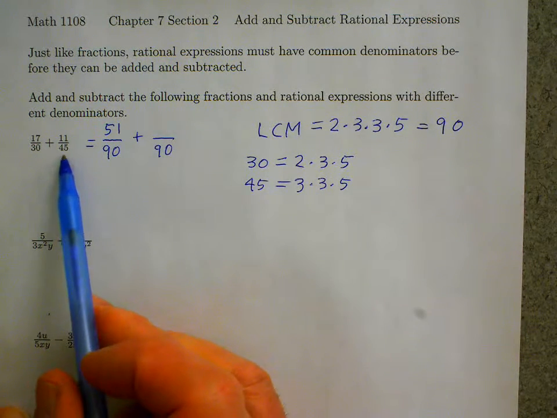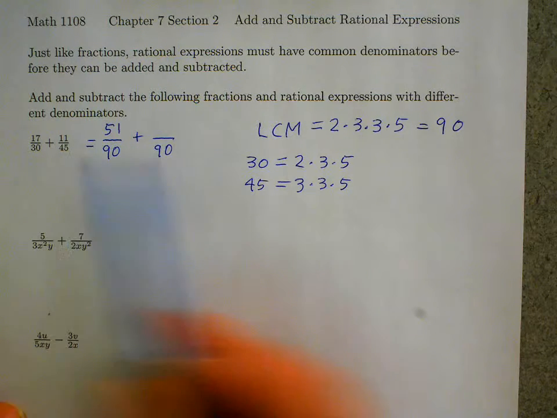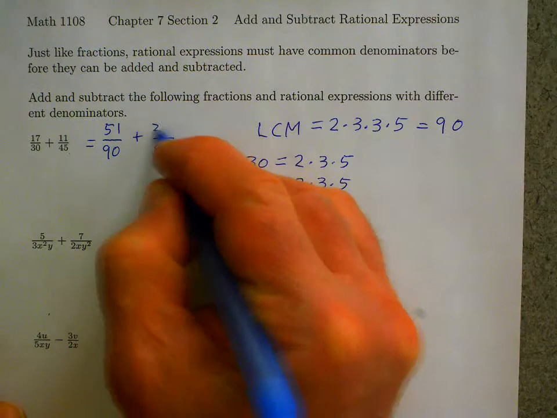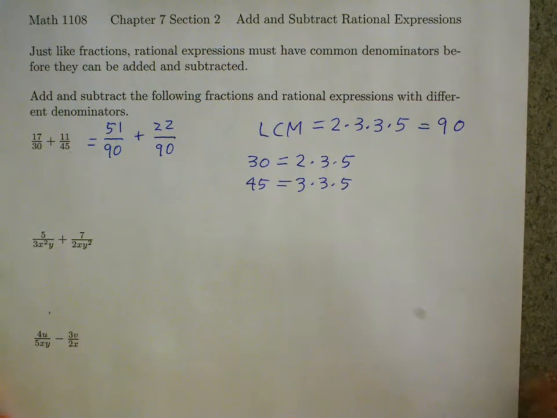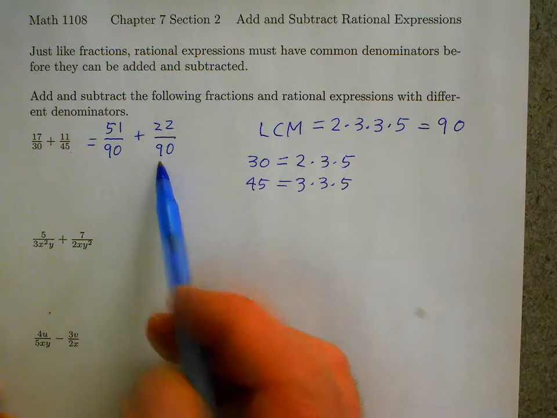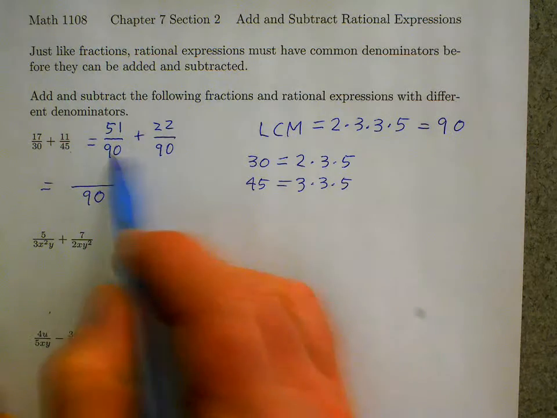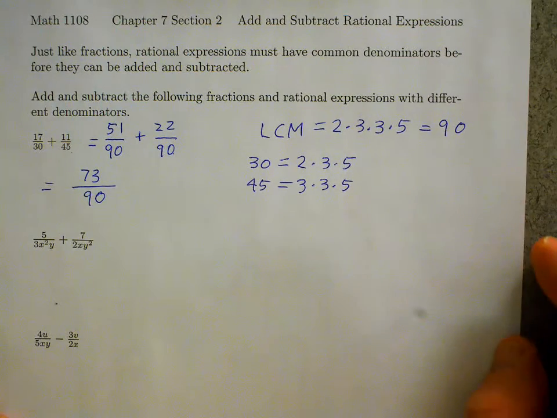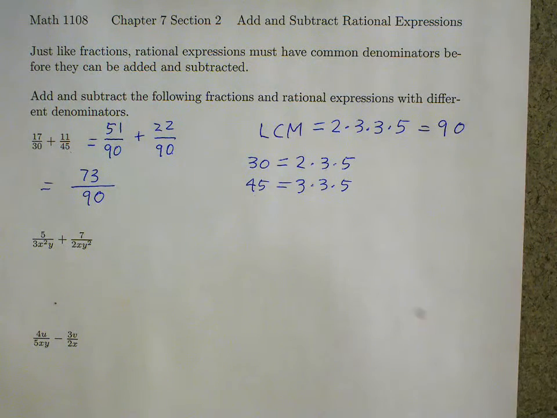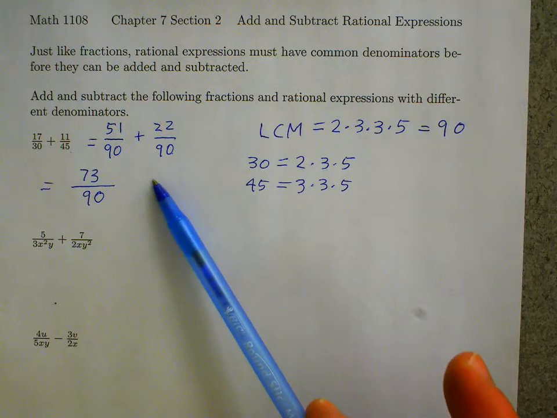Similarly, the fraction 11/45 is equivalent to 22 over 90. Now that the denominators are the same, we can add the fractions. The denominator of the sum will still be 90, and the numerator will be 73, since 51 plus 22 is 73. So hopefully that's review, adding fractions.